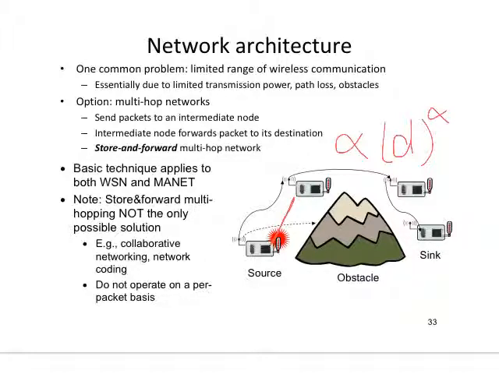And this path loss exponent tends to be greater than 2, which means that the power that we send from the source decays by a rate of d to the power alpha, and alpha here is more than 2.